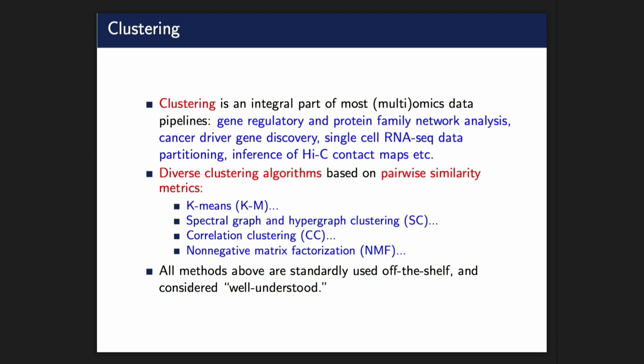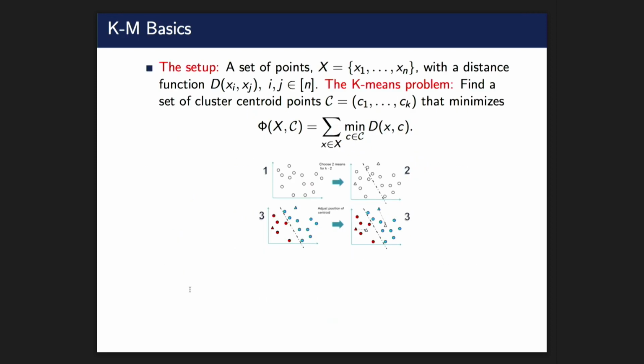And what you usually do, and there is no offense meant, is you use these algorithms off the shelf, and you believe that these algorithms are all well understood because they have been around in the community for a long time. So just in case that these algorithms are not well understood and that you may not have seen them before, I'll briefly review 4 of these algorithms that I mentioned, and then I tell you a bit about the directions that the community is taking in this context.